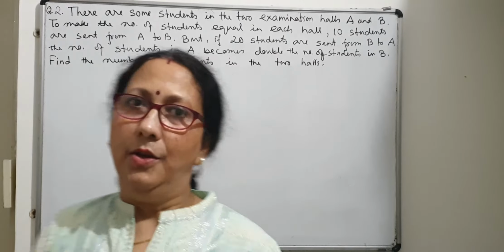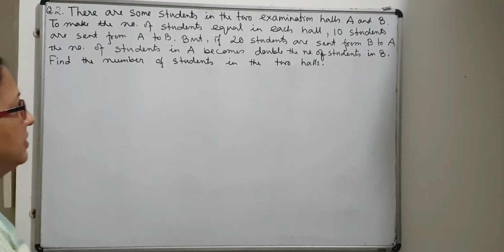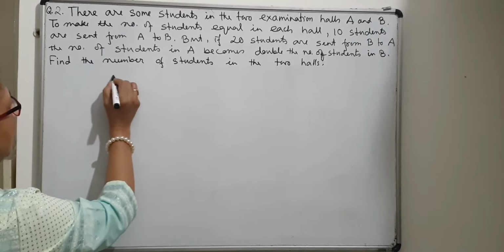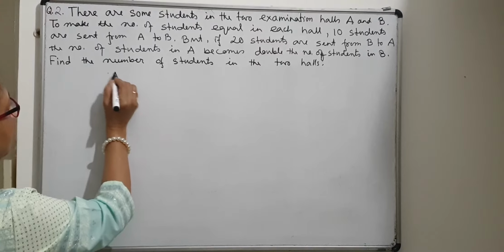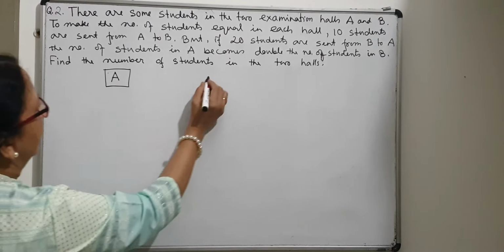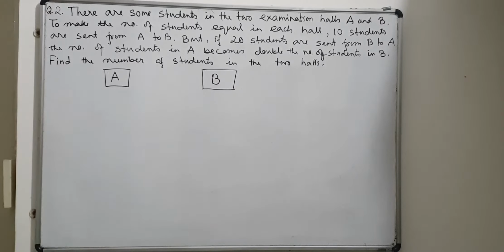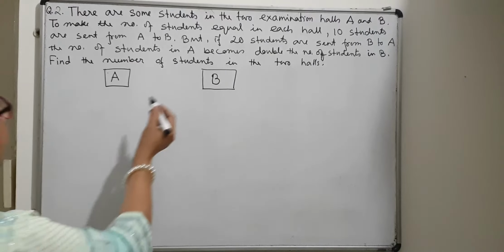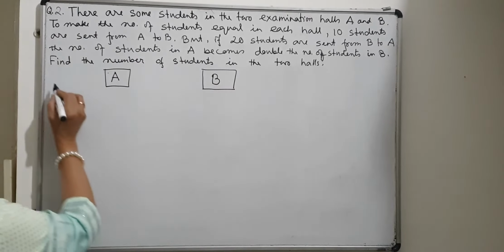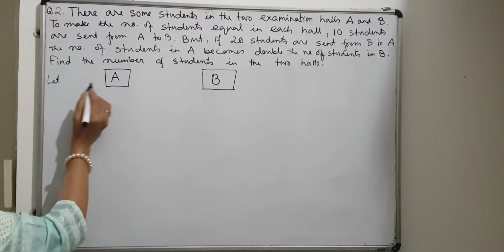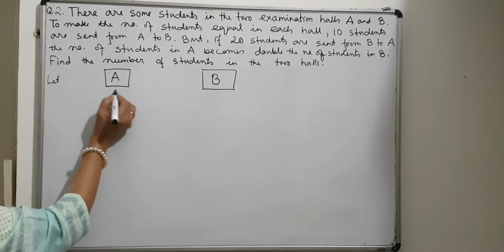Okay. So let us imagine the situation. Suppose this is hall A, and that is hall B. And we have to find the number of students in two halls. So let the number of students in hall A be x.